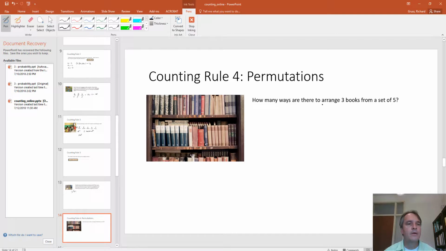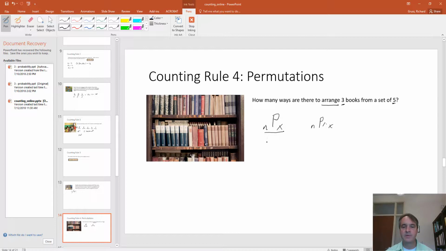Okay, well, whenever you see an arrangement and there is some subset taken from a superset, this is going to be a permutation, which is denoted with a P. And the permutation function takes 2 parameters. It takes n and x. So what are these? You'll sometimes see this abbreviated, say, on a calculator as nPr or something like that.